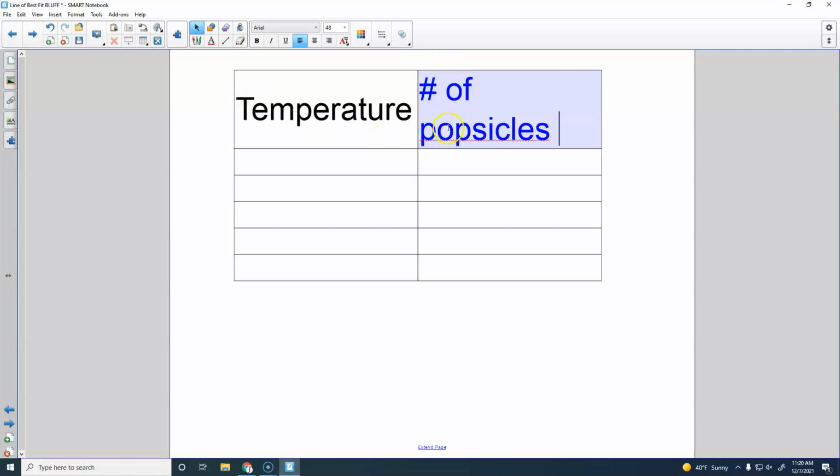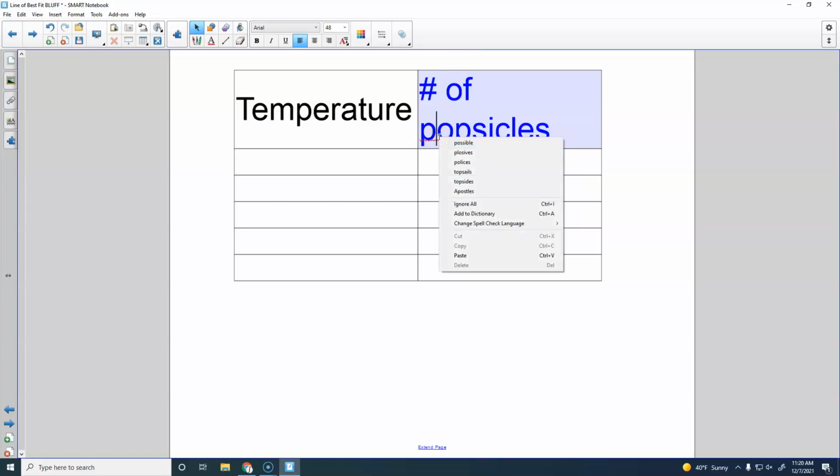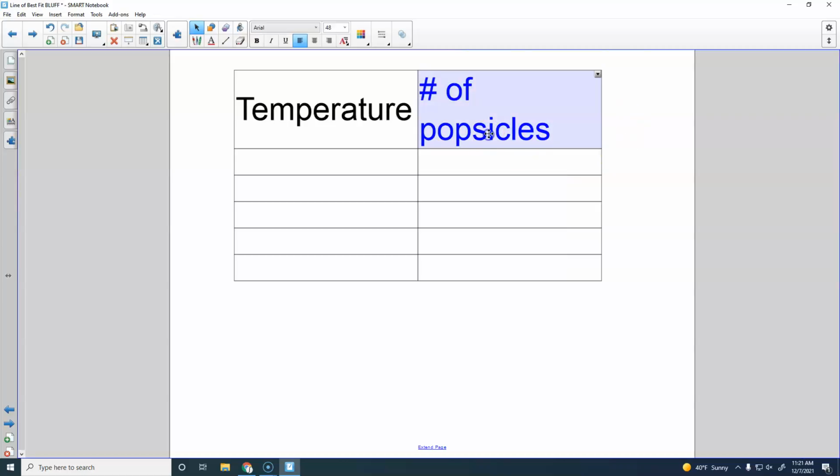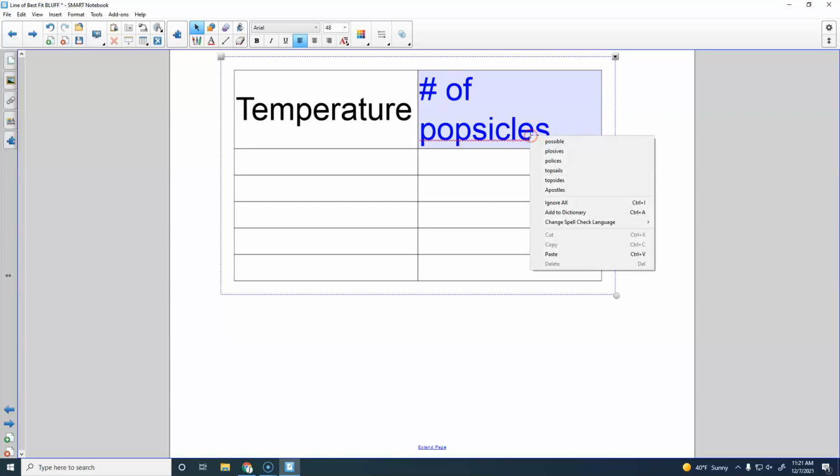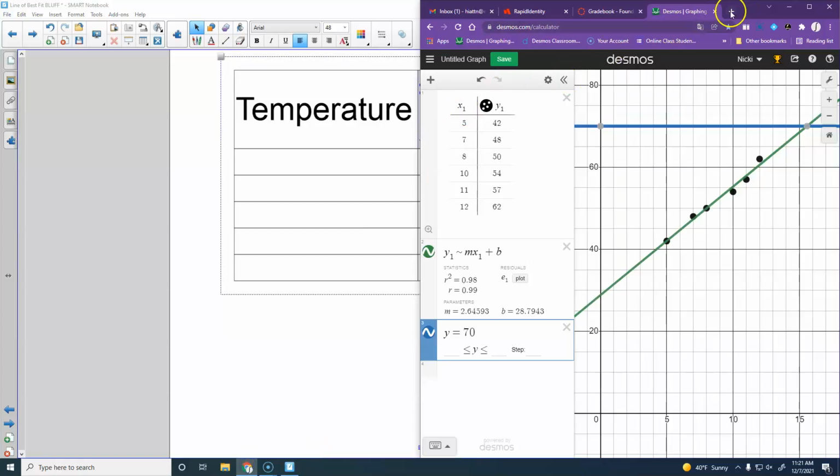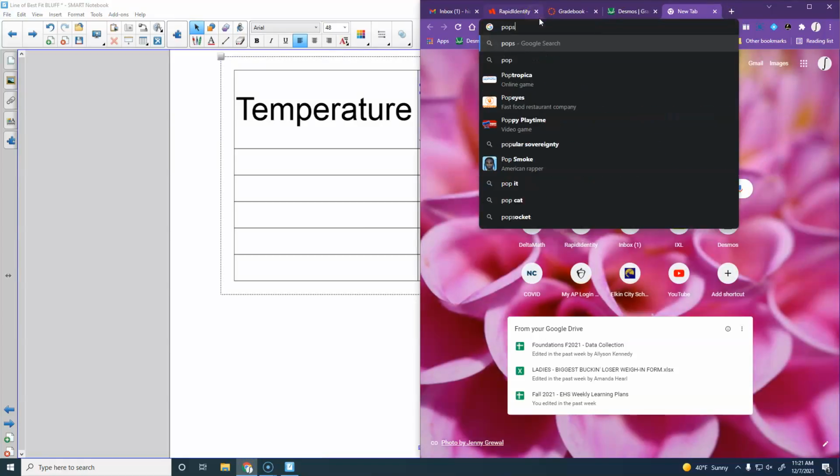How do you spell popsicles? That's how you spell it. Pop. You gotta put the N. P-O-P-C. Put the quotation marks. Really? You didn't know what quotation marks were? Are you taking English?